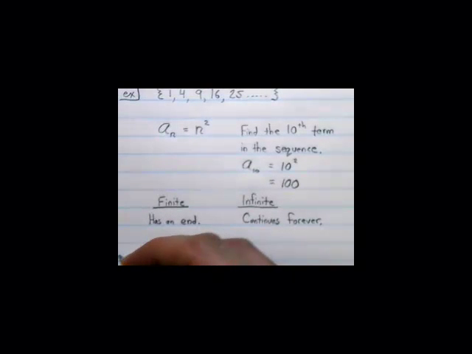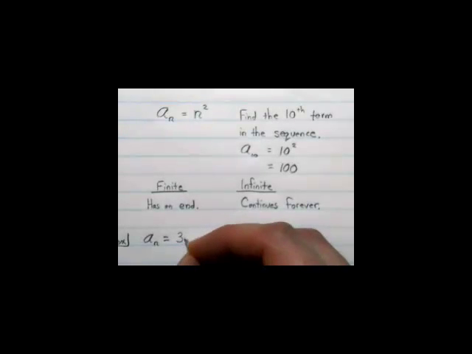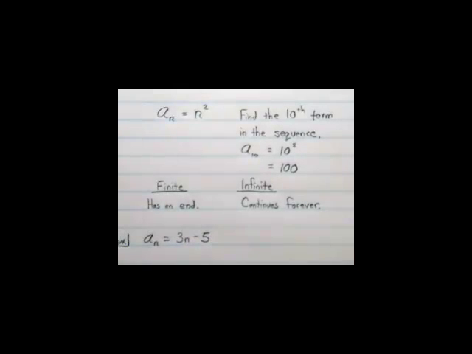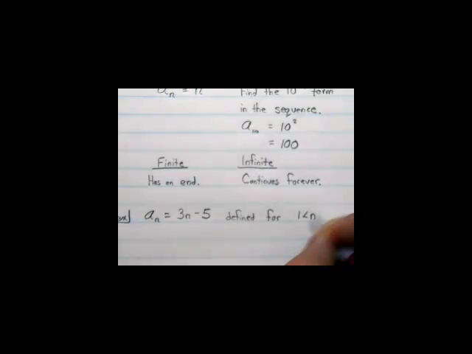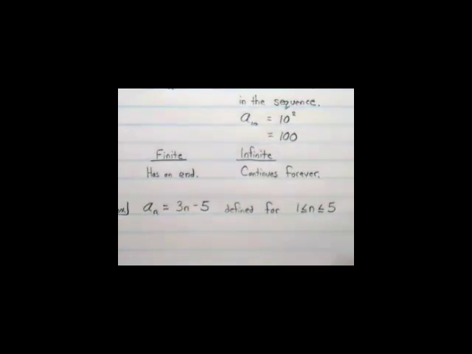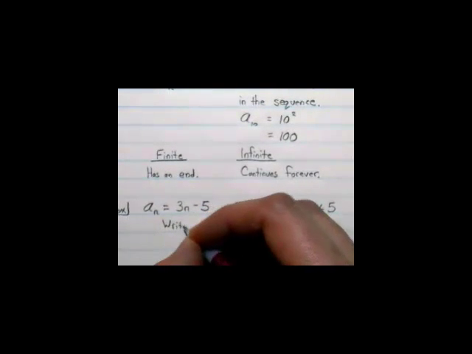So as an example, let's say that we have a formula a sub n equals 3n minus 5, and let's say it's defined for n between 1 and 5. So then write the sequence.